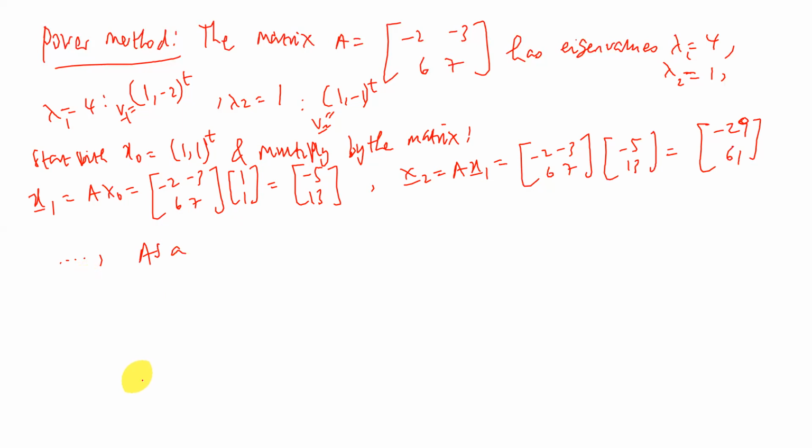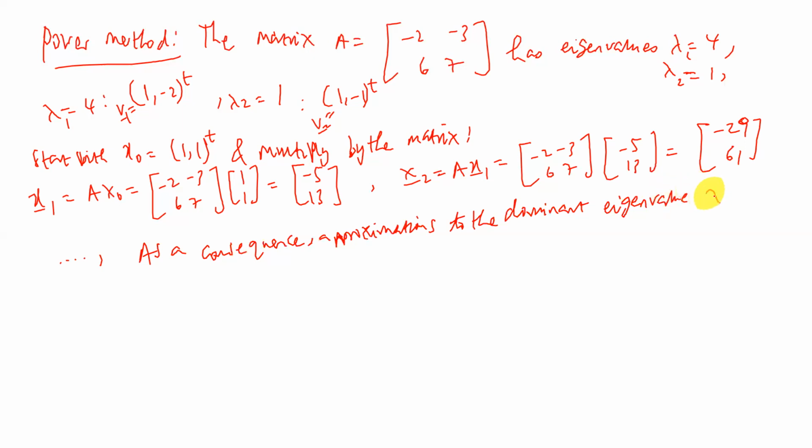As a consequence, we have an observation, which I'm going to state: approximations to the dominant eigenvalue, the dominant one being 4, because after this we can use this method in our problem.